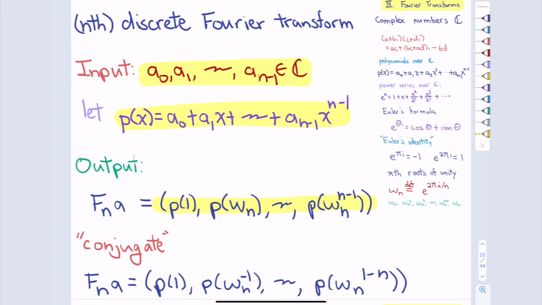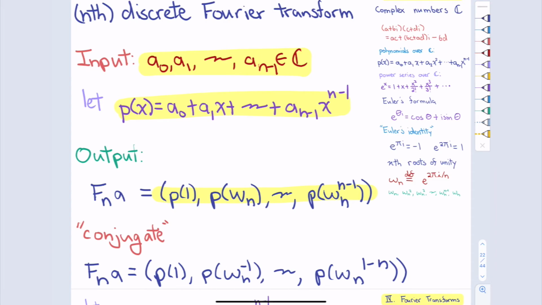There is a conjugate, sorry, I'm missing a sign, F star n of a. It'll be motivated in just a second. It's really evaluating the same thing, except instead of going in, say, clockwise order, you're going in counterclockwise order.